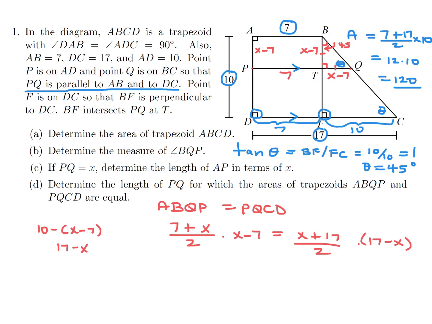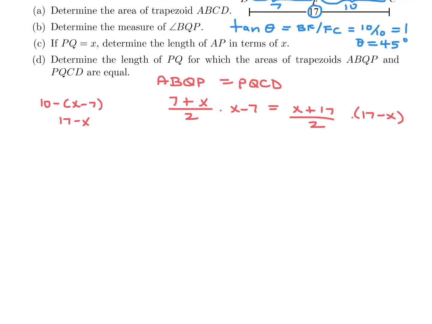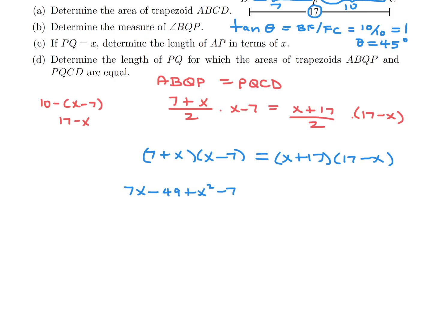Okay, so that is the math equation, the algebra. And now we just need to solve this. First let's multiply through by 2. That gets rid of the fraction. So let's expand this now. So there'll be 7x minus 49 plus x squared minus 7x.